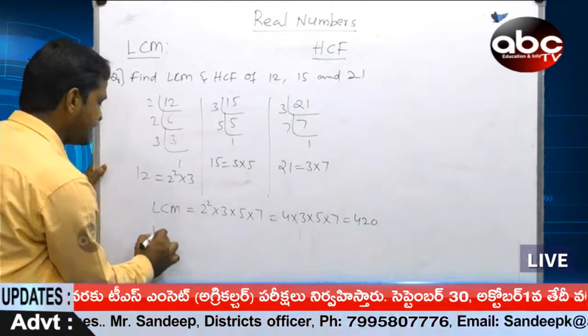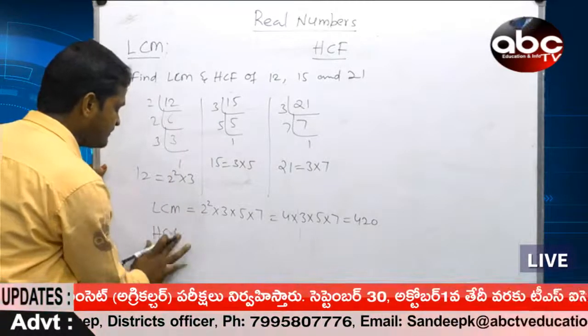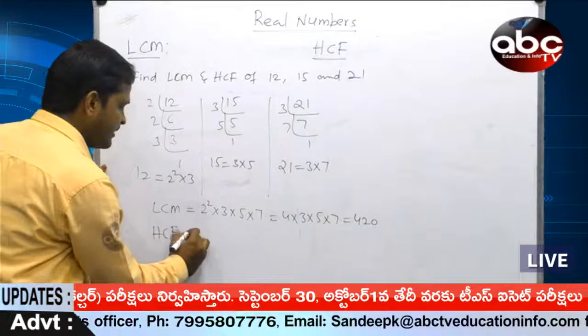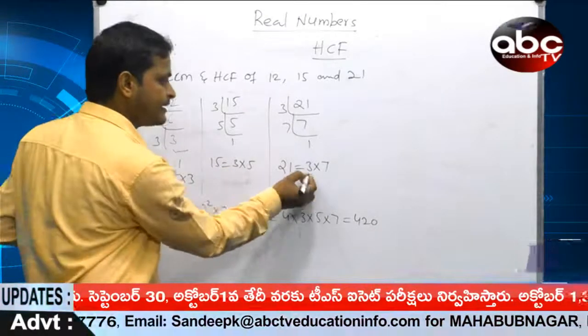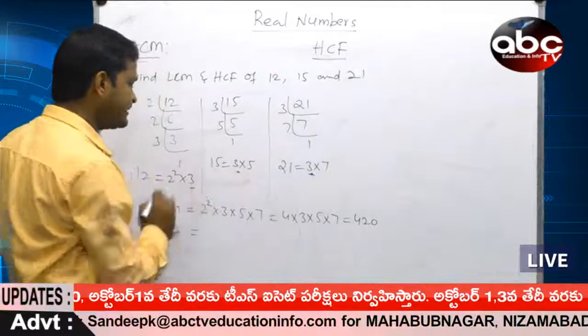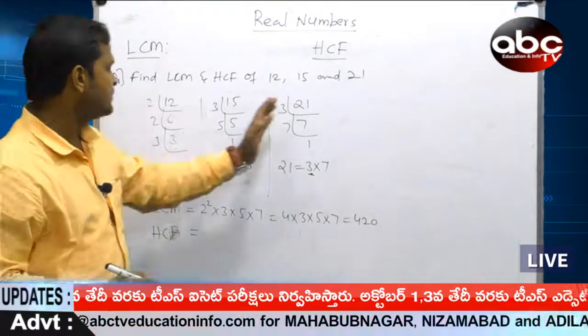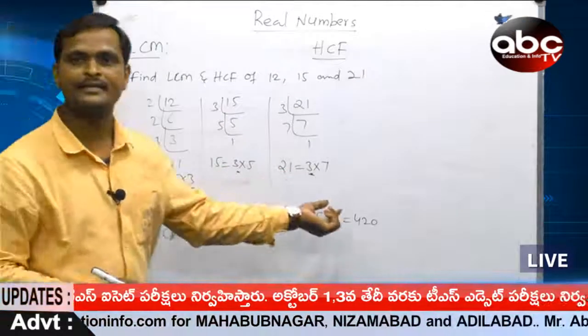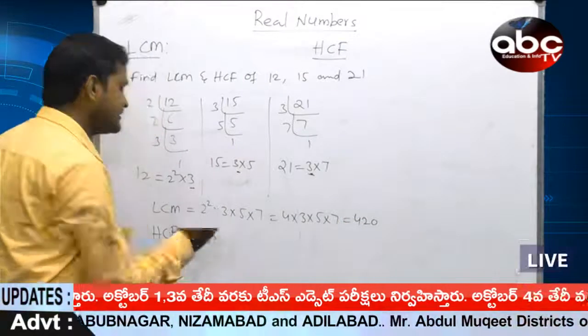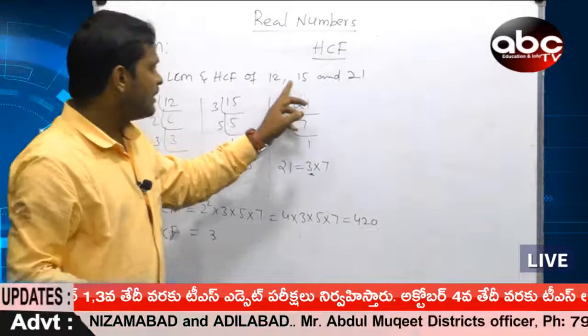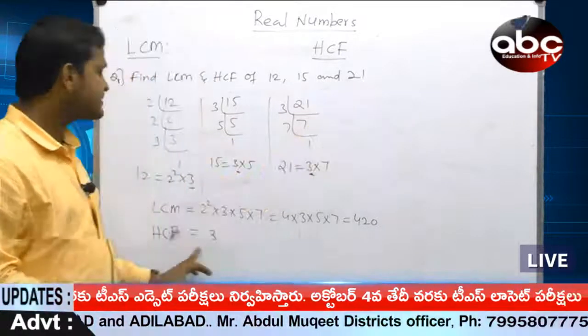Same, HCF is nothing but the lowest common factor. 3 and 3. In the three numbers, which is the lowest common factor? 3 is the lowest common factor. Therefore, HCF of 12, 15 and 21 is 3.